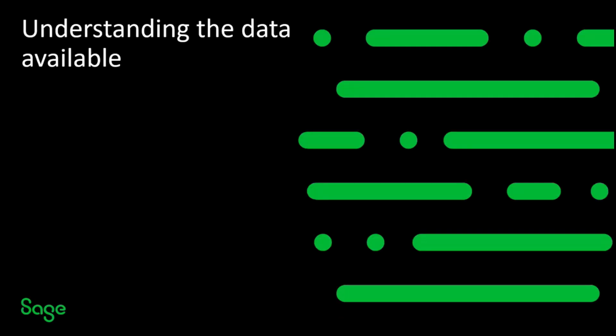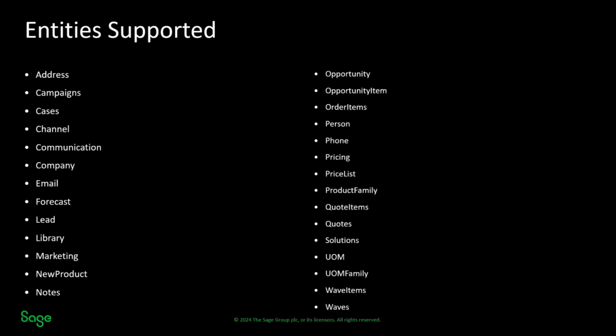The data that we work with here allows us to carry out all forms of manipulation, but if we want to carry out a full task against Sage CRM, we have to know what the objects are that we can see, and how we can understand the data that we can use.